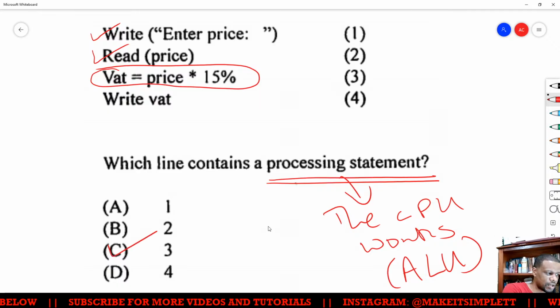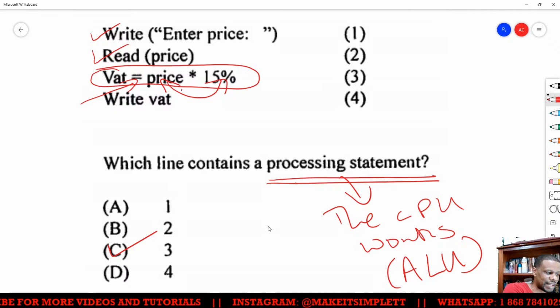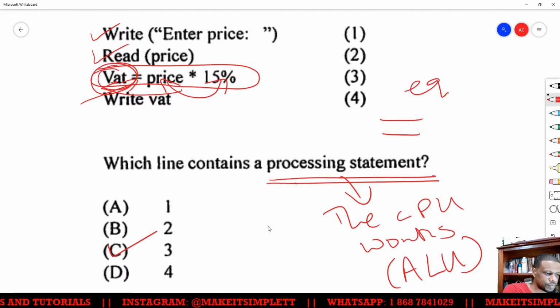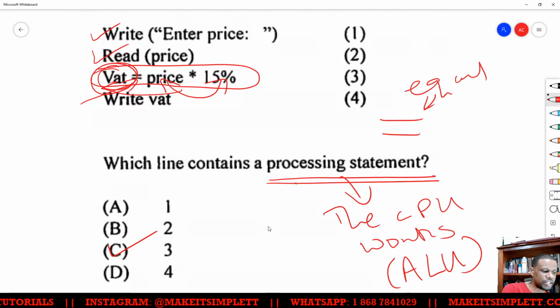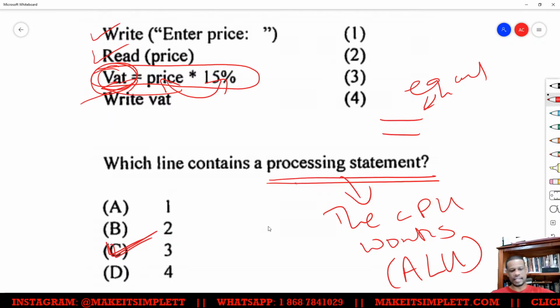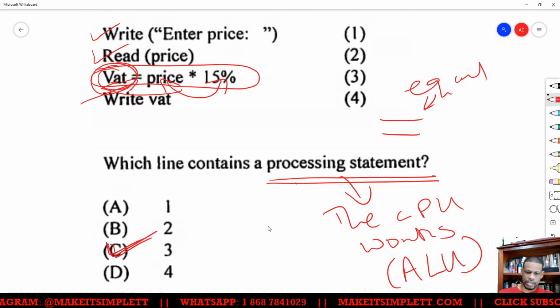Yes, of course, because there's an equal sign. That means something has to be added or multiplied, and then whatever answer you get has to be stored inside the variable. So processes are usually once you see an equal sign, tell yourself a process is taking place. That happens all the time. So when you see an equal sign, process. No questions asked.